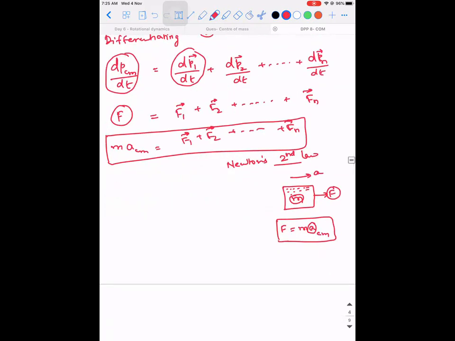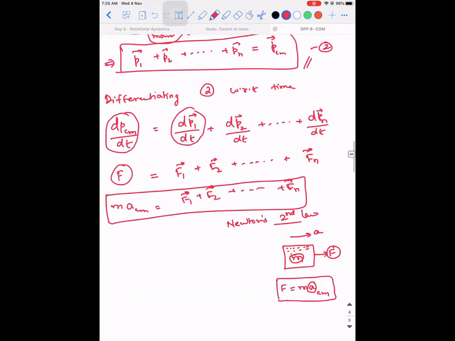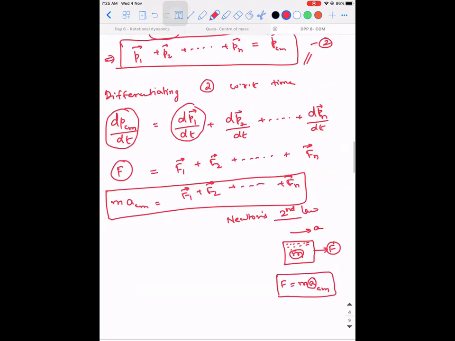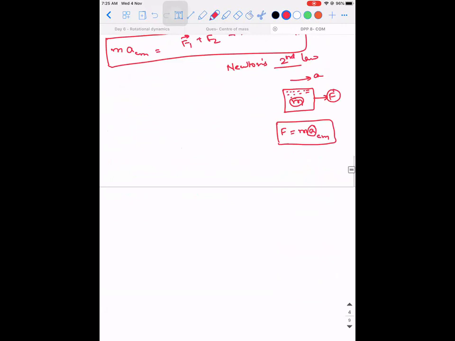Yes, sir. So this is all about the center of mass and its motion for a particle system. What if you have a continuous system?